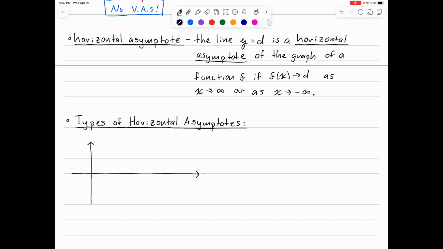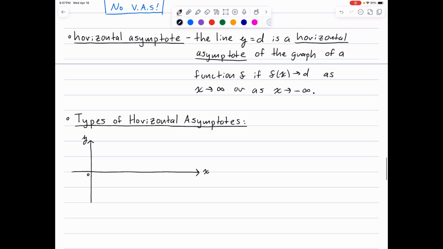Okay. X, 0, y. And then there's going to be a horizontal asymptote. Actually, I will bring it down a bit.